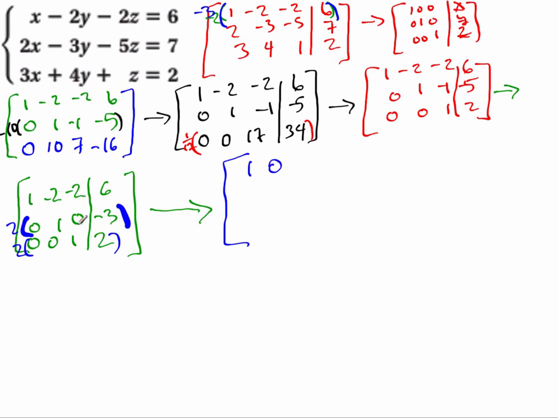Negative 2 plus 0 is negative 2, plus 2 is 0. And so what constant am I going to get? 2 times negative 3 is negative 6. 2 times 2 is 4. I'm going to add 6. So when I add those, I get 4. So now I'm going to continue row 2 and 3 exactly like I had.